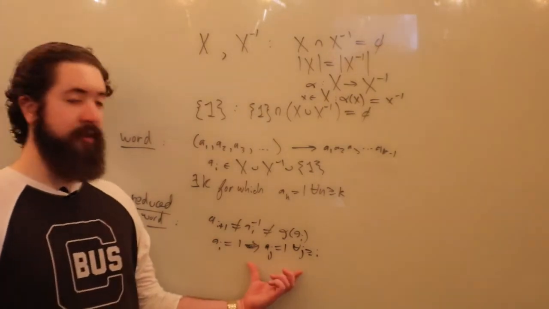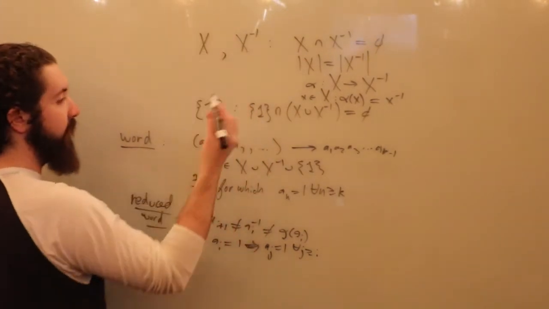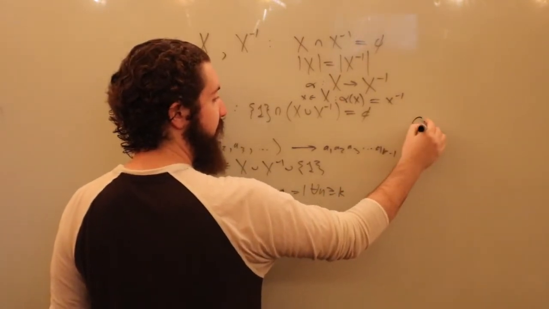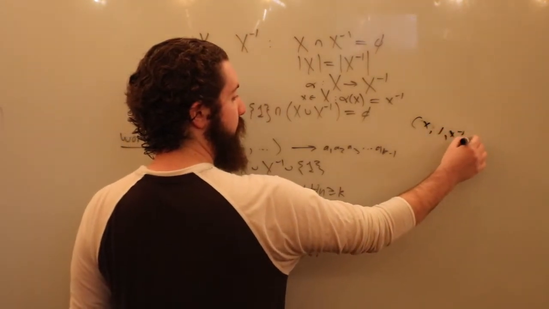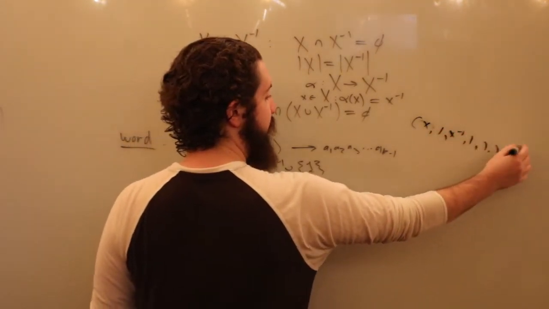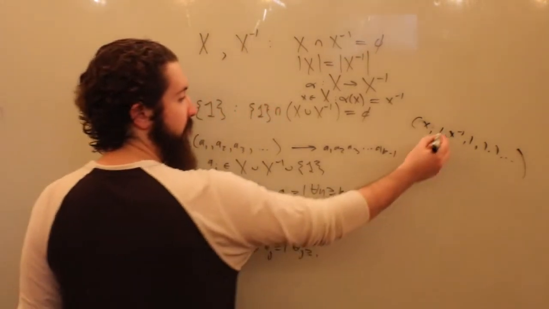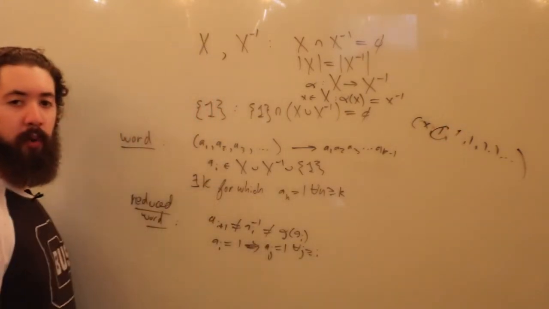In other words, with any word we could have, here, we could have x1, x inverse, 1, 1, 1, and our sequence of ones begins. But in a reduced word, if we have this 1, then that means everything after it is going to be a 1.